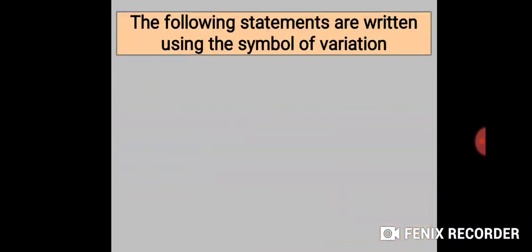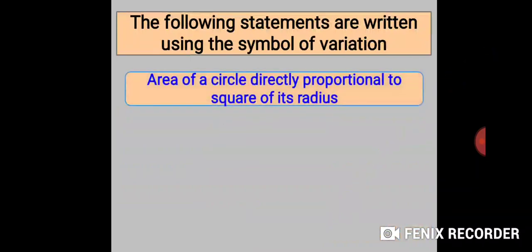Here the following statements are written using the symbol of variation. The first statement: area of a circle is directly proportional to the square of its radius. Area of circle is denoted by capital A and radius by R. We know that when the radius increases, the area of the circle also increases, which means both quantities change simultaneously.